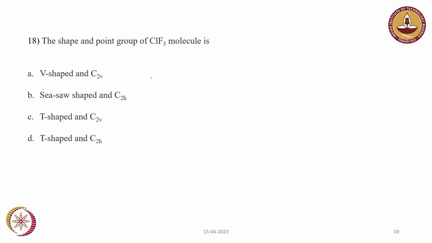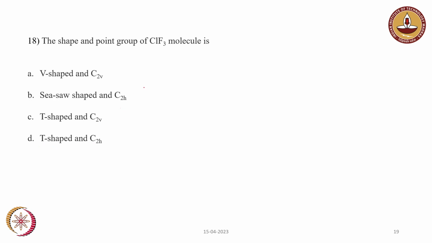Next question: the shape and point group of the ClF3 molecule. Option A is V-shaped and C2v, option B is seesaw shaped and C2h, option C is T-shaped and C2v, and option D is T-shaped and C2h.